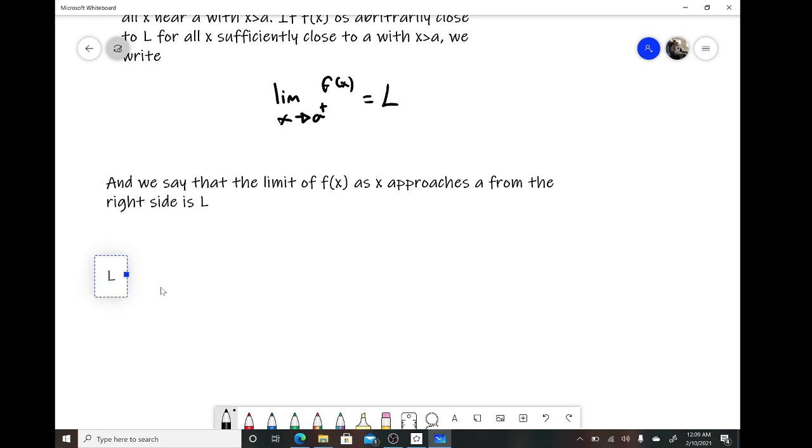Well, for left-sided limits, we have the following.